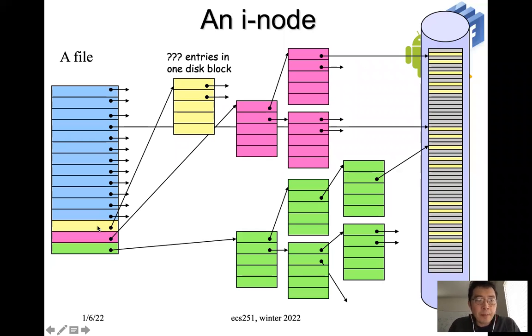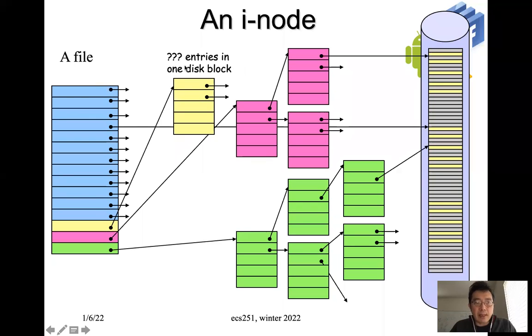Yellow is called single indirection. Single indirection means that this pointer is not directly pointing to a disk block of the file, but is actually pointing to something we call a pointer block. The pointer block basically contains a bunch of pointers.